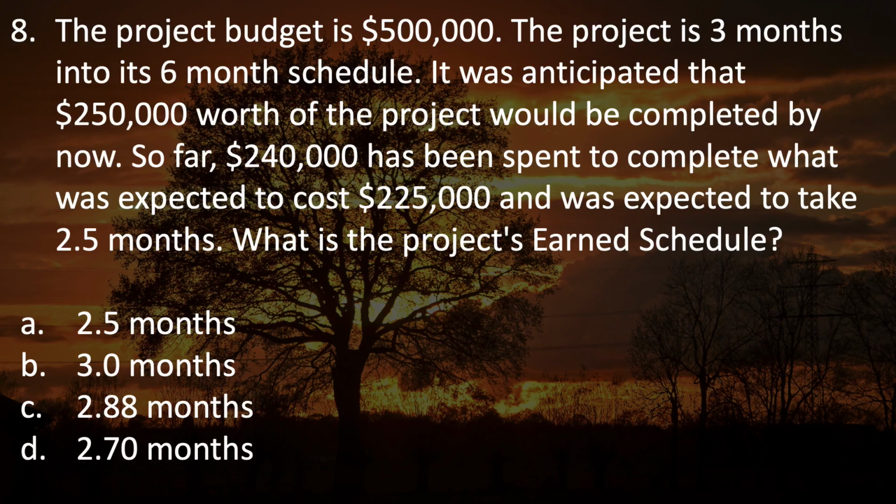So far, $240,000 has been spent to complete what was expected to cost $225,000 and was expected to take 2.5 months. What is the project's earned schedule? A, 2.5 months, B, 3 months, C, 2.88 months, or D, 2.7 months.